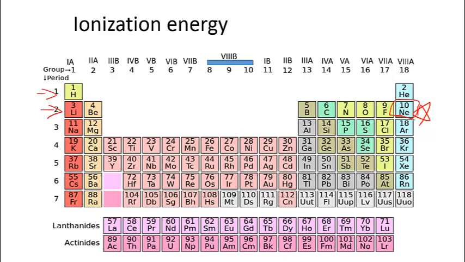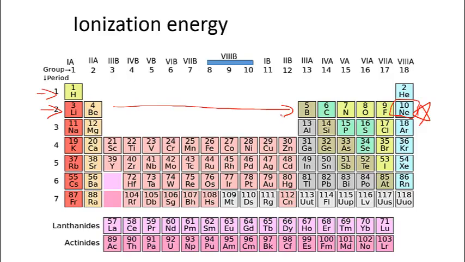And the reason for this is because the effective nuclear charge across a given period on the periodic table is increasing. Thus, a greater attractive force between the electrons and the nucleus must be overcome in order to remove an electron from the atom.